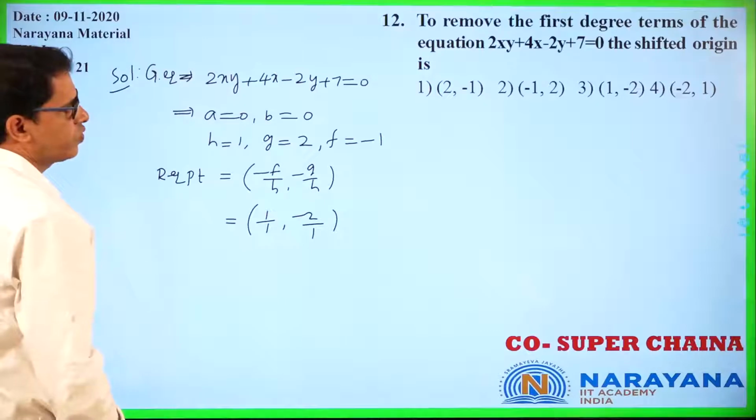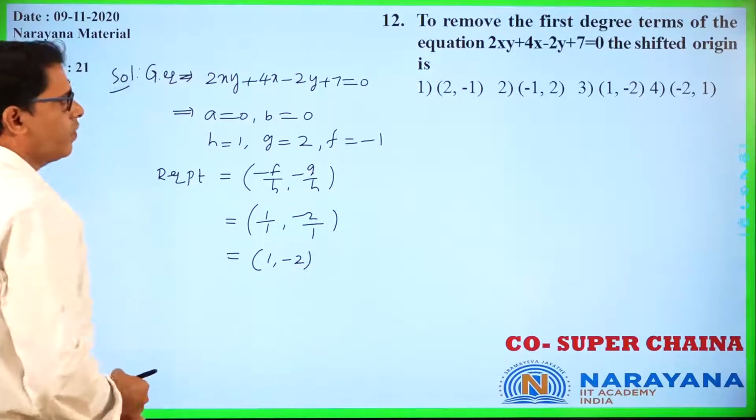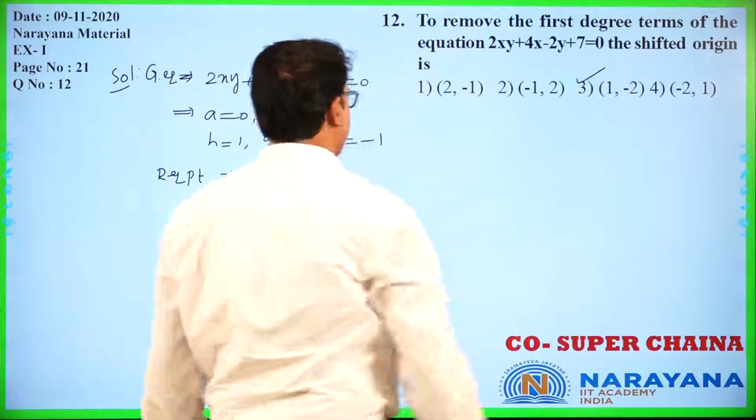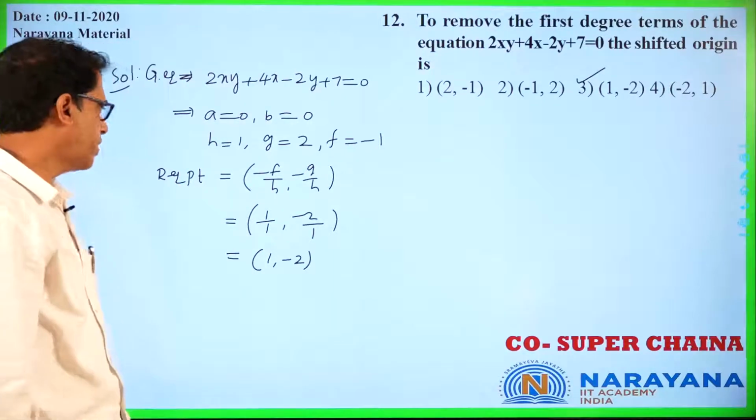So 1 comma minus 2. The required point is 1 comma minus 2, option 3. Okay? Then next one.